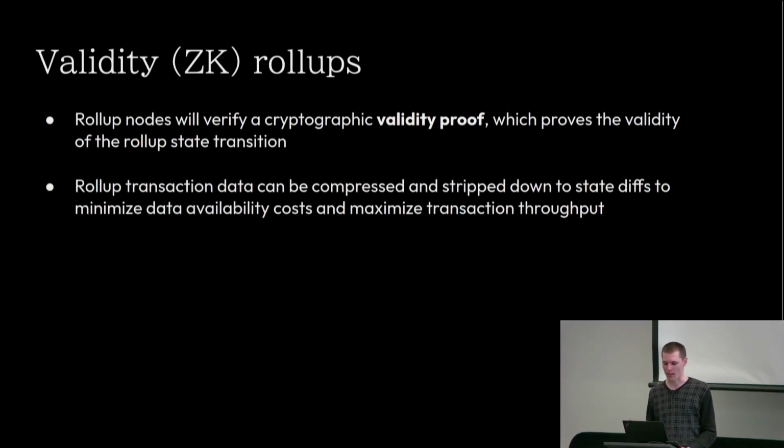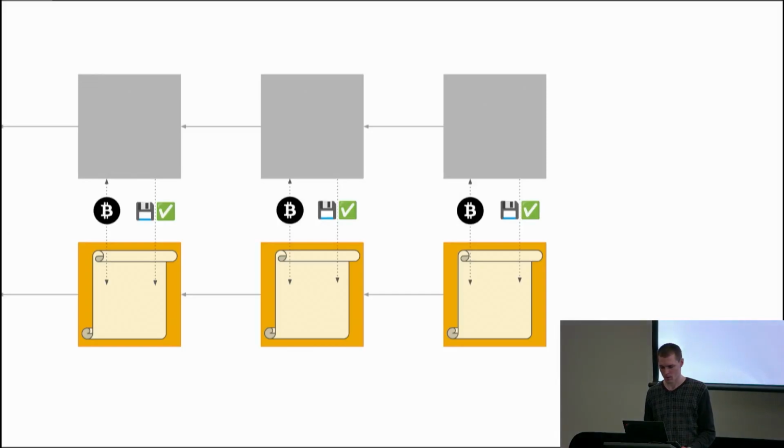The rollup transaction data can be compressed and stripped down to just the state diffs to minimize the data availability costs and maximize transaction throughput. So in this model, with each rollup state transition, we have not only the rollup state data going into the smart contract or into the Bitcoin block, but we also have this validity proof.